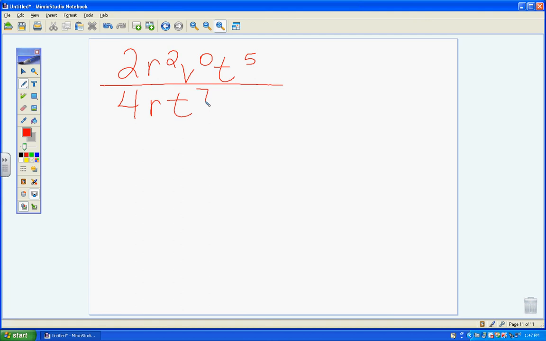I'll do it up front, because on this one, not all of the bigger numbers are on top.